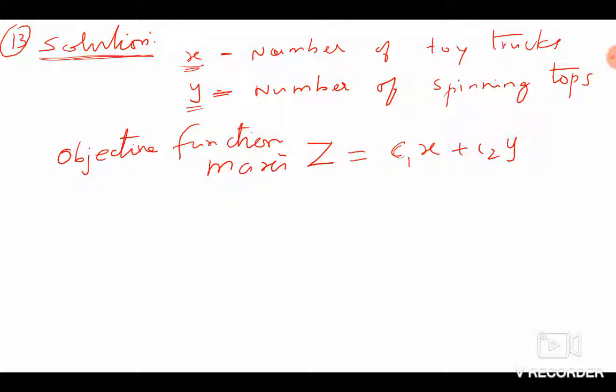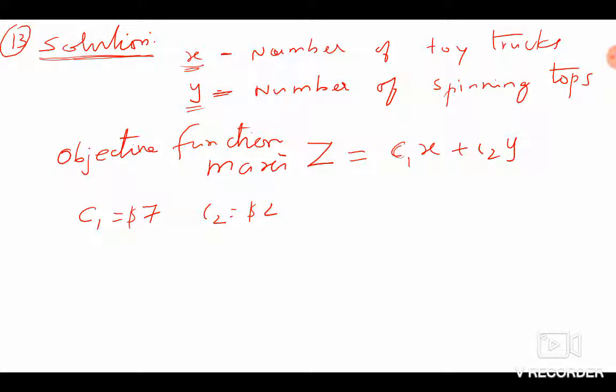If the profits on each truck and spinning top are $7 and $2 respectively, can you find a statement there in the problem? At almost the last but third row, if the profits of each truck and spinning top are, so the profit of the truck is $7 for 1 unit, and for the spinning top it is $2.